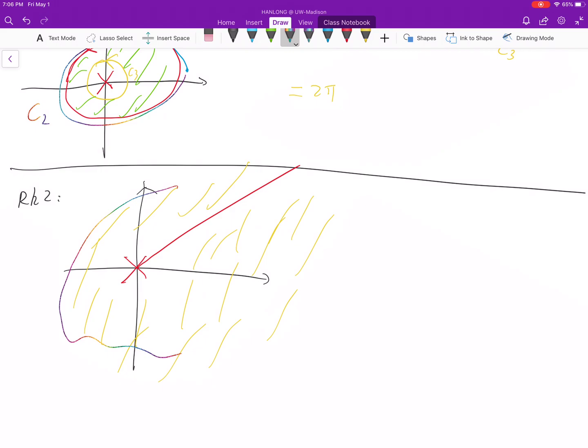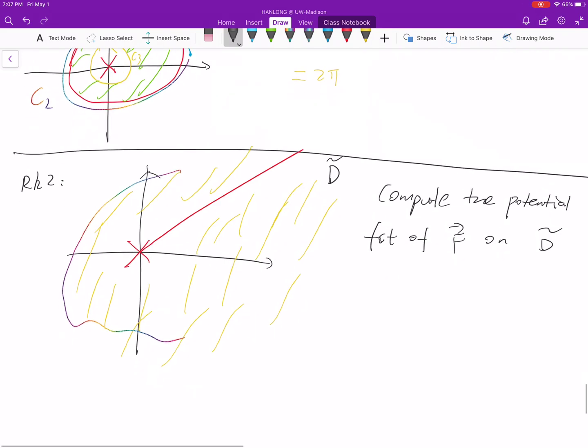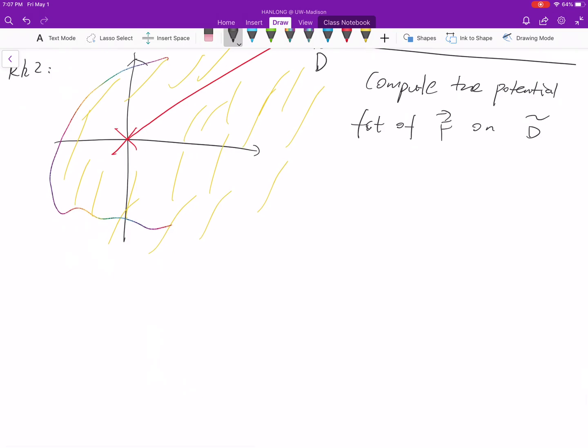It's independent of path. Or in other words, let's call this domain D theta, you can compute the potential function of f on D theta. You can do that, and actually you can use a method we introduced before to calculate this. Okay, I will not spend too much time on this.